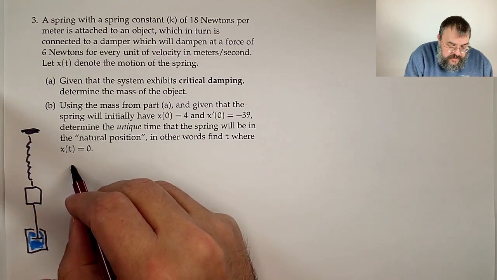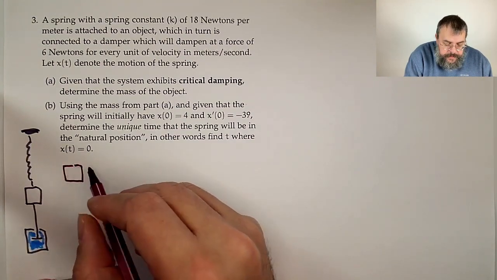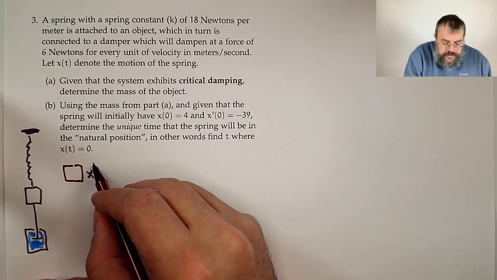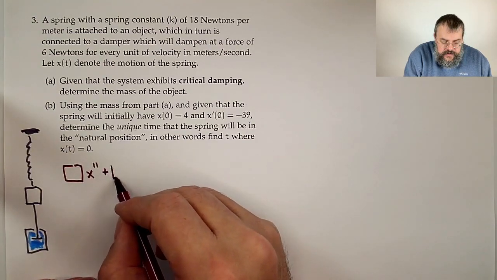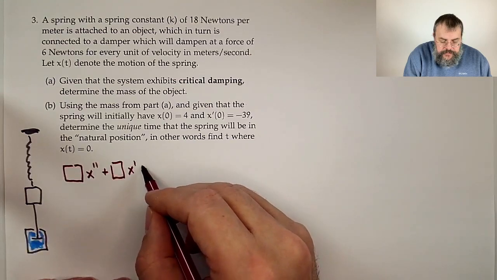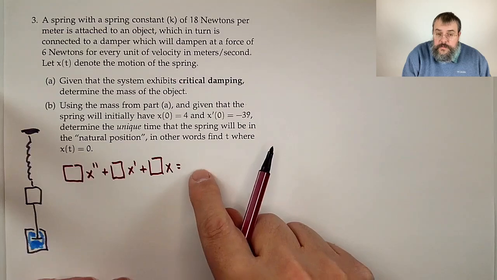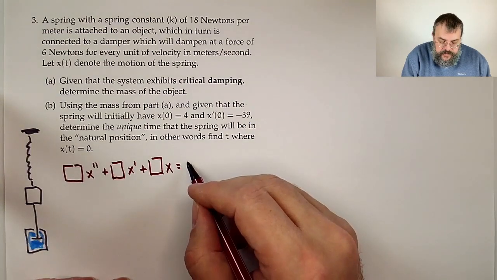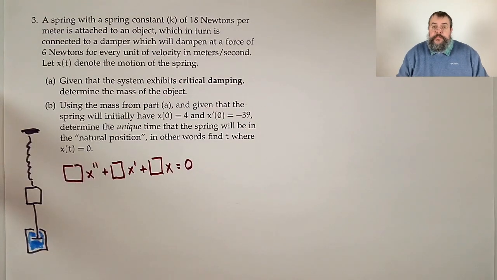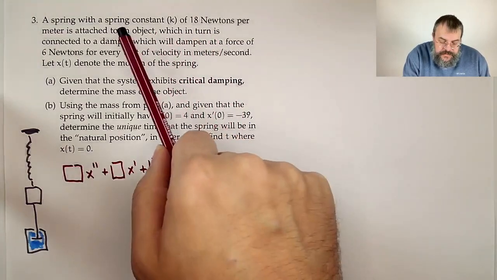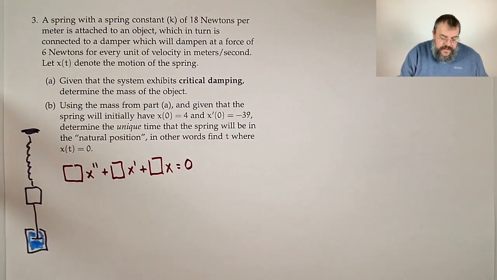So in particular, if you remember our boxes, you have something x double prime plus something x prime plus something x equals, normally you'd have external forces, but no external forces, so we put 0. Now, where do our numbers slot in? Well, the spring constant goes attached to the x.